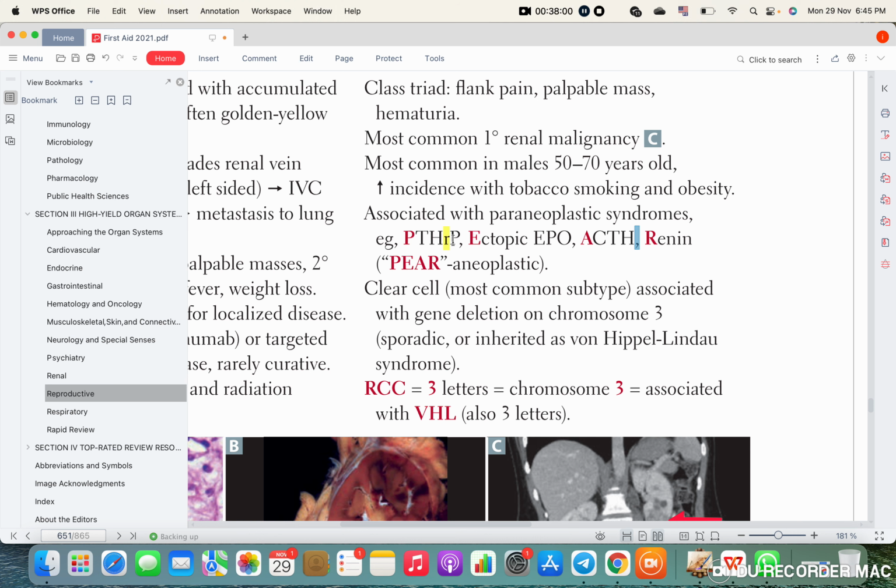So if we speak about the parathyroid related peptide, it works exactly the same, but it does not affect the real PTH. What I mean is, if the patient has parathyroid hormone related peptide, what will happen to his calcium level? Okay, it will be high. It will be high because its parathyroid hormone will be working, so the calcium level goes up.